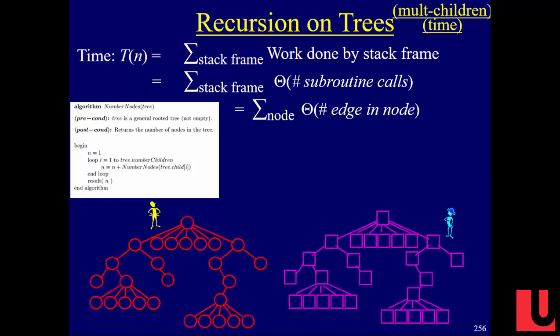How much work is the corresponding node doing? It's how many children we have, right? So we're summing up over all nodes of the tree how many edges are coming down from that node, right?